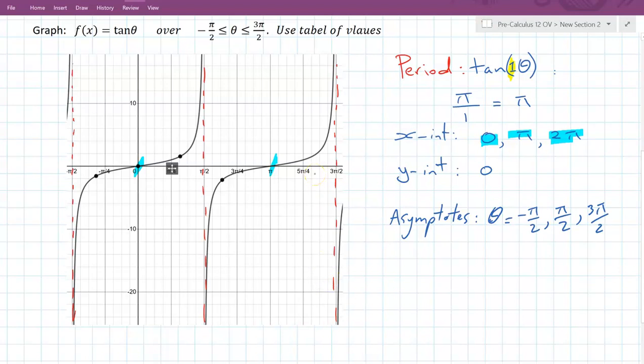In this case, my theta is the x-axis. So the equation of these, theta equals 3 pi over 2, and so forth and so on. And then this one is theta equal to pi over 2, and this one is theta equal to negative pi over 2, and depending on what interval they're asking you to do, that's what you have to write.